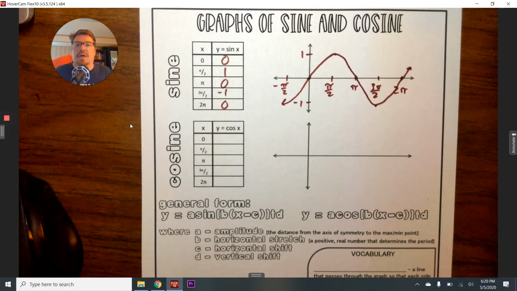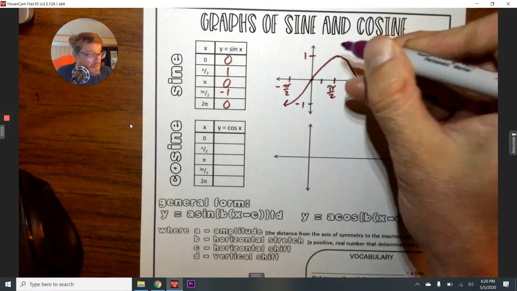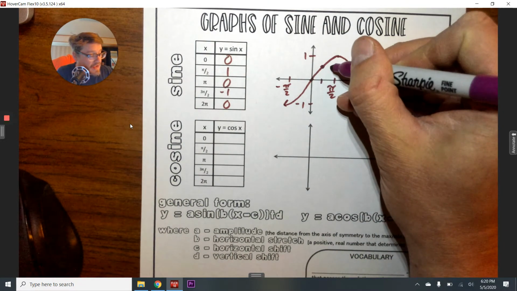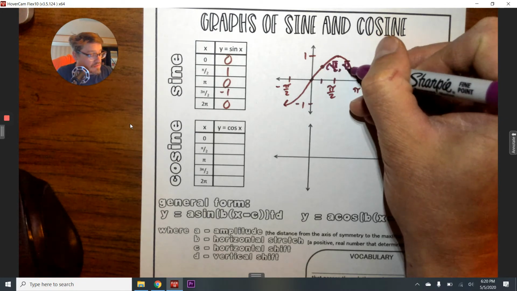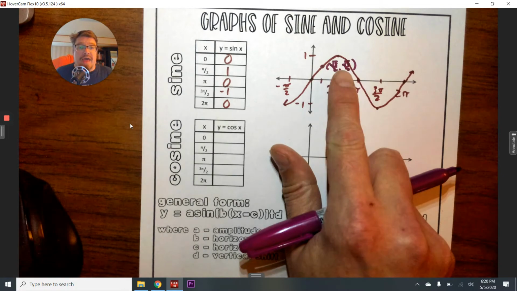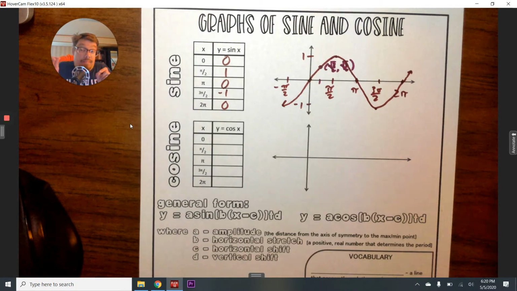So they're equal at pi over 4. Pi over 4 right here in the middle, we will actually see that that is radical 2 over 2, comma radical 2 over 2. That coordinate is right there at pi over 4. That's where they're both the same.